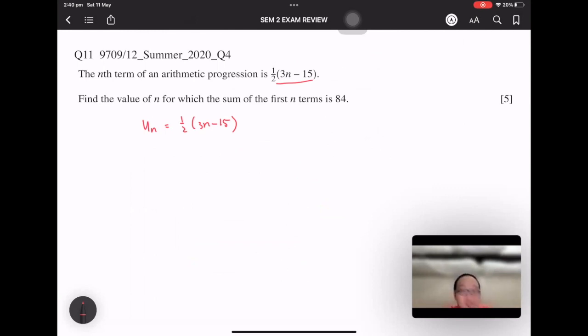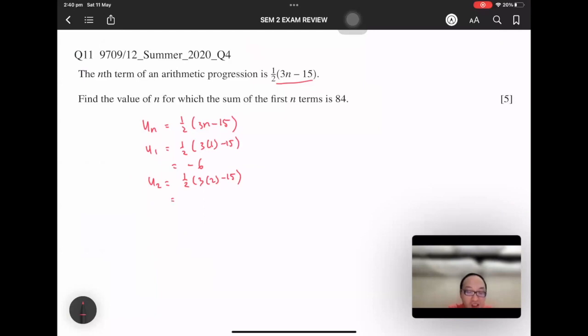So since we know the formula of the nth term, we can find u1 and u2. So u1, we replace n by 1: half of 3 times 1 minus 15 equals 3 minus 15, which is minus 12, so it's -6. And u2, we replace n by 2: 3 times 2 minus 15.